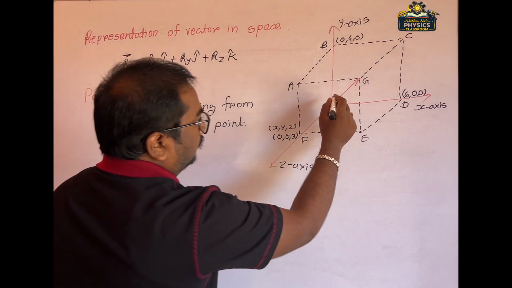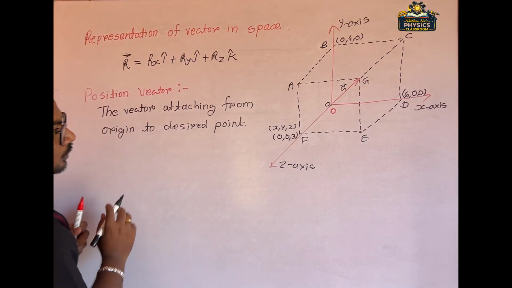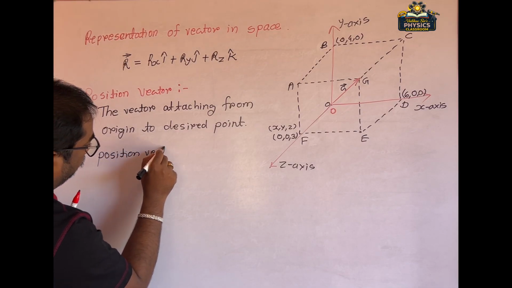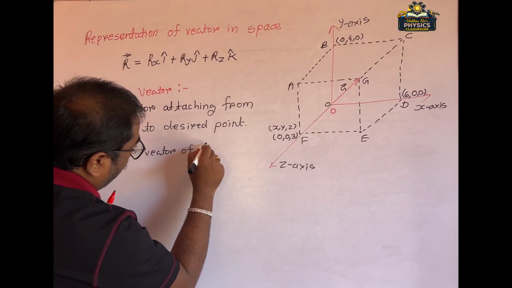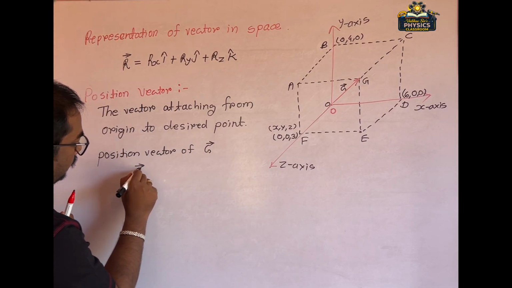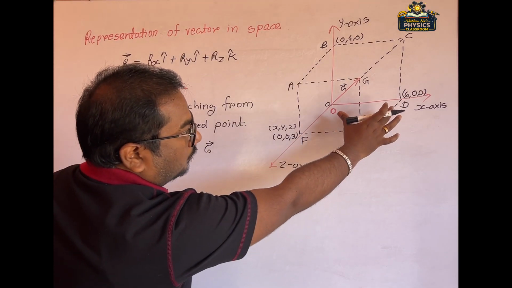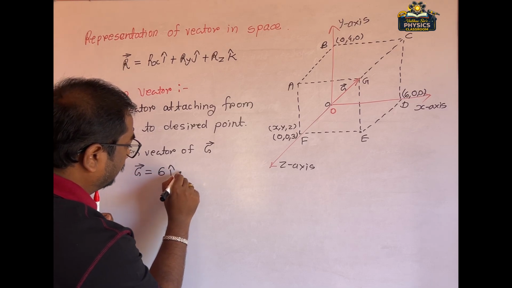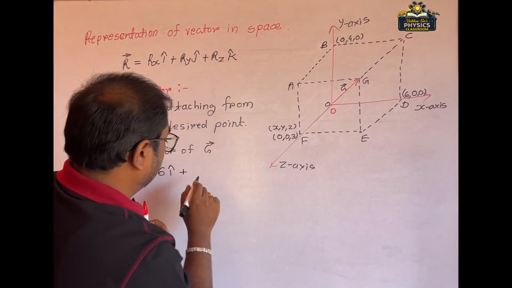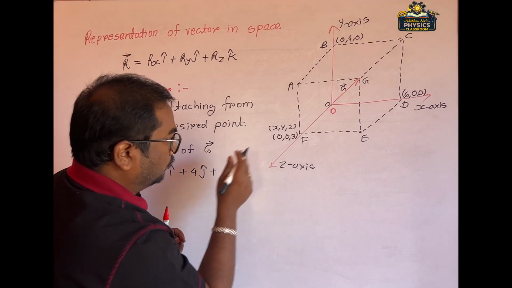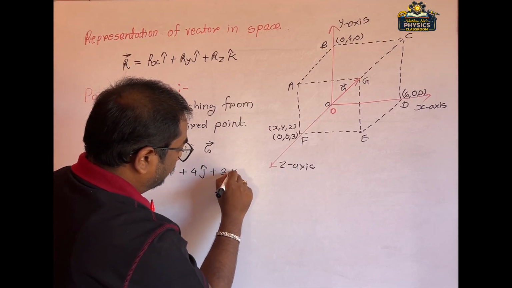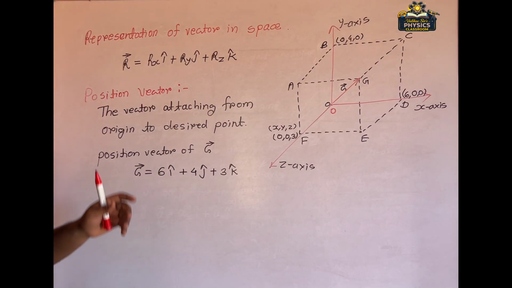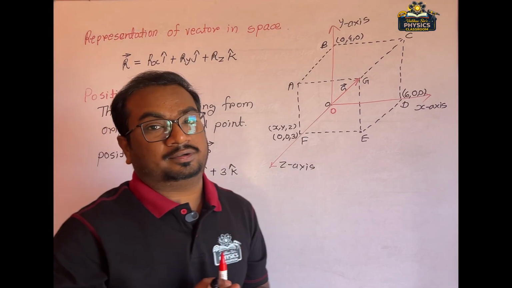So here I am writing the G vector, or the position vector of G. So the G vector will be the component on x-axis, this is 6 i cap, plus the component on y-axis is 4 j cap, plus the component on z-axis is 3 k cap. Just like that. Okay, so this is the position vector.